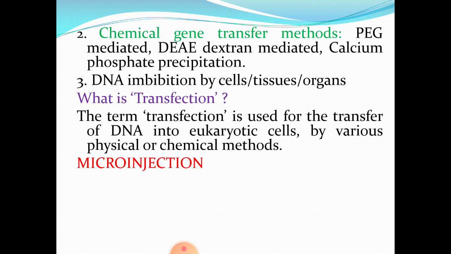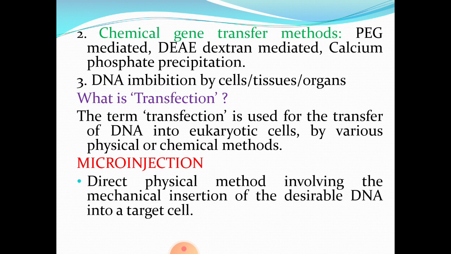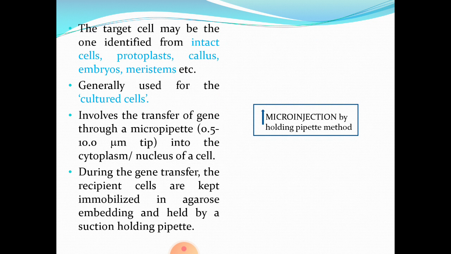Now let us study microinjection. What exactly is done in this technique? This is a direct physical method involving the mechanical insertion of the desirable DNA into a target cell. This is just mechanical insertion of the DNA into the target cell. Let us see how exactly it is done.